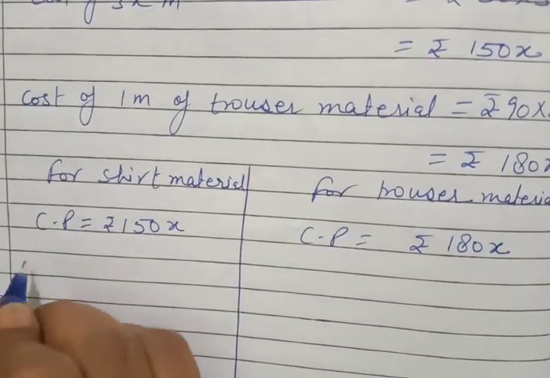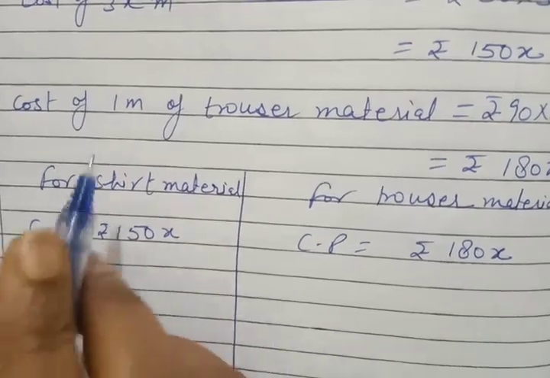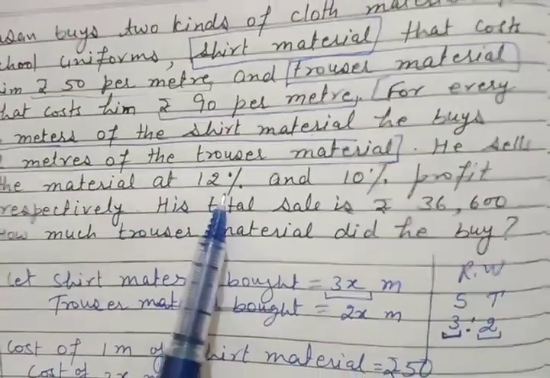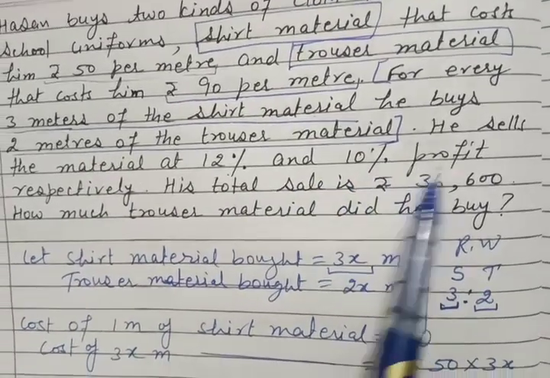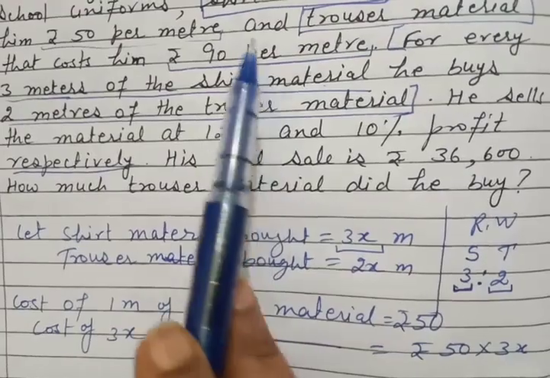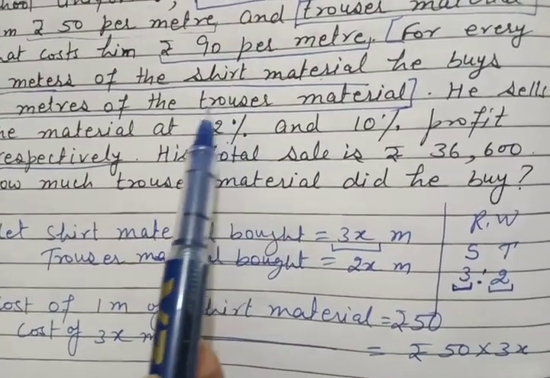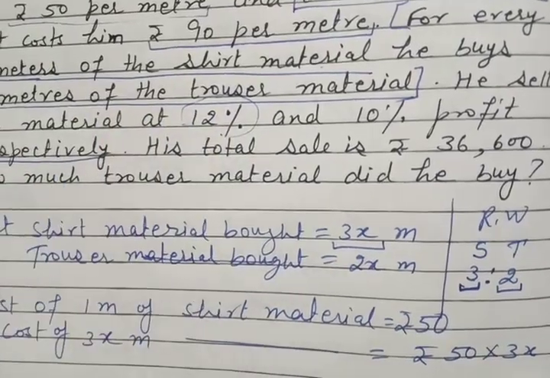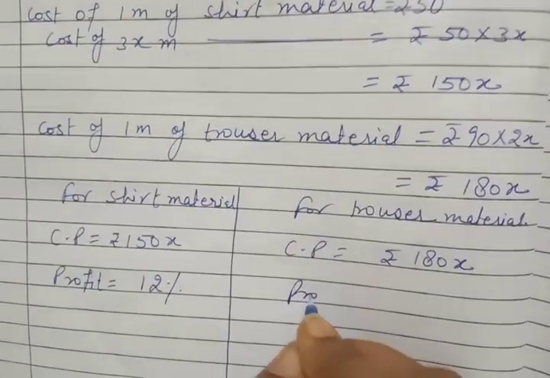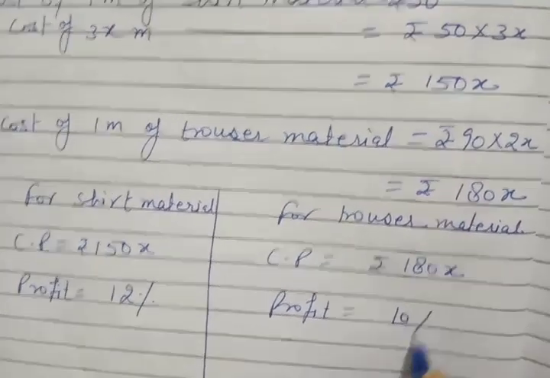And the profit percentage is given to us. He sells material at 12% and 10% profit respectively. The word is respectively, so we need to find which word is the first one. Shirt. So for shirt it is 12%. So profit for shirt is 12% and profit for trouser is 10%.